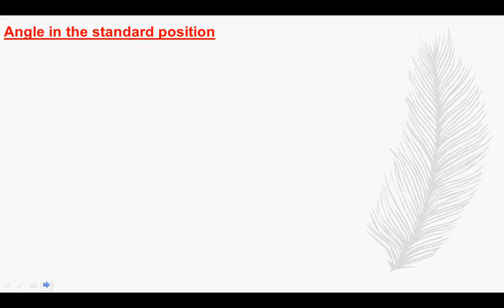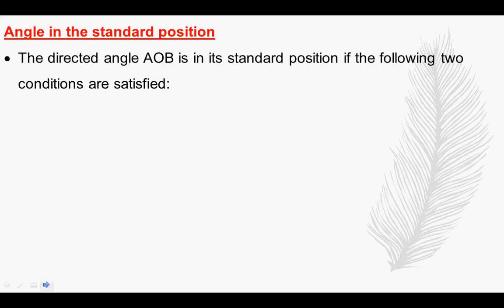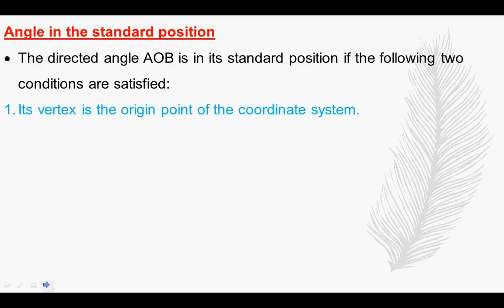Definition. Angle in the standard position. The directed angle AOB is in the standard position if the following two conditions are satisfied. So, for the definition of the angle in standard position, we have two conditions that must be satisfied. The first one, its vertex is the origin point of the coordinate system.